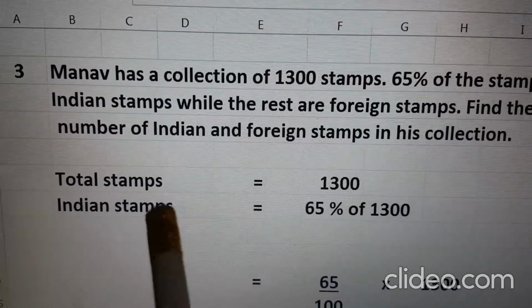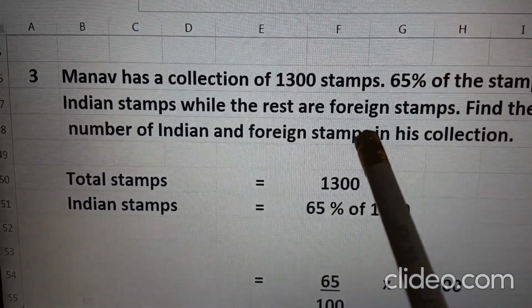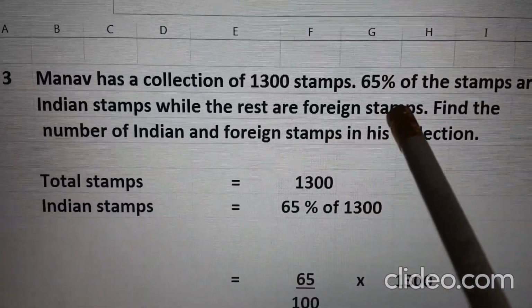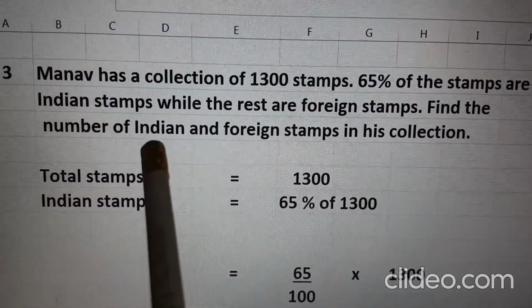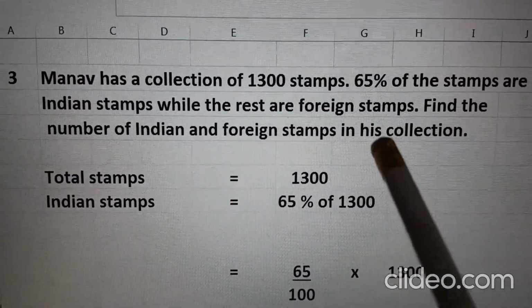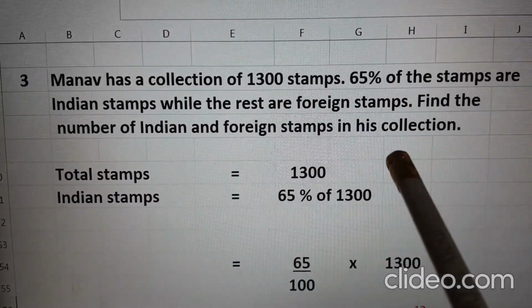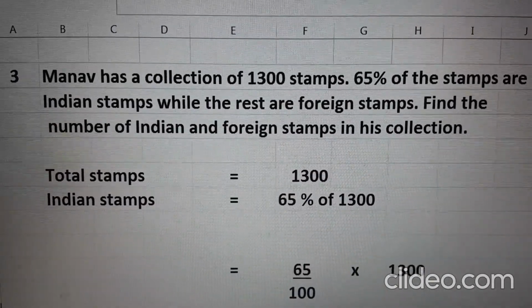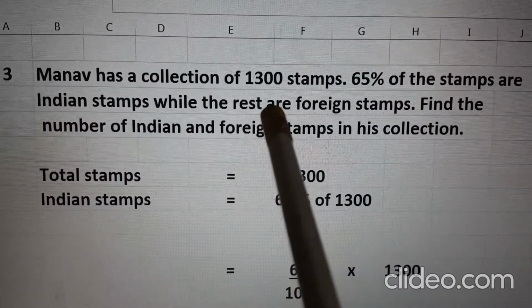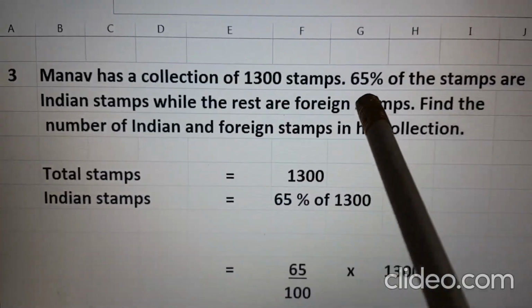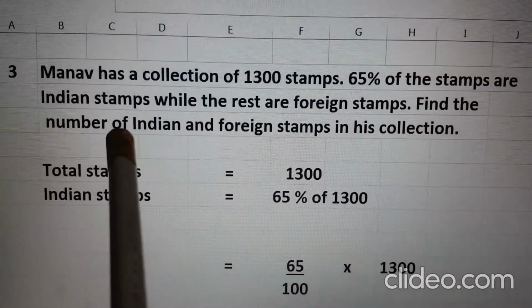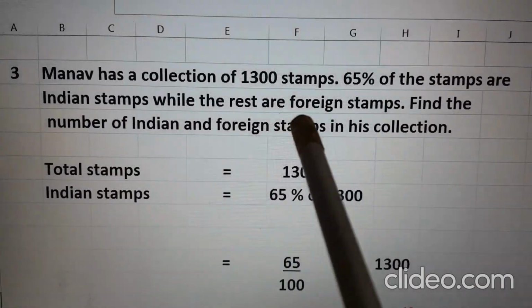Now, question 3 is, Manav has a collection of 1,300 stamps. 65% of the stamps are Indian stamps while the rest are foreign stamps. Find the number of Indian and foreign stamps in his collection. Now understand the question. Manav has 1,300 stamps. 65% stamps are Indian. So the remaining are foreign stamps.